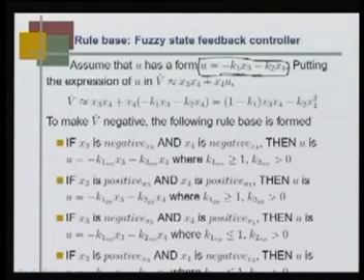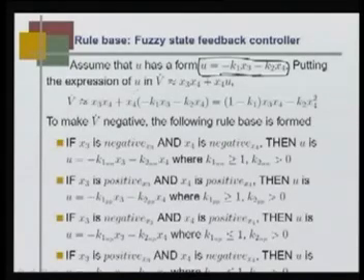Of course, this is just to simplify, but actually I should have taken all the x1 x2. I have not, just to simplify, because if I am able to control using only two variables, I can expect that using x1 and x2 I can improve the performance.